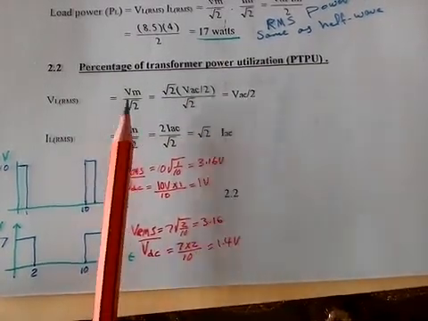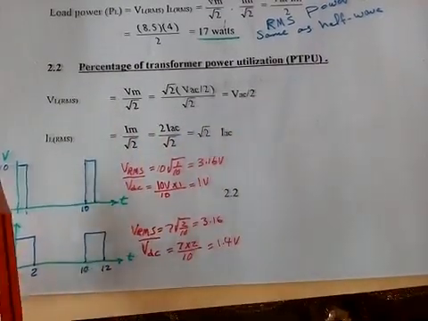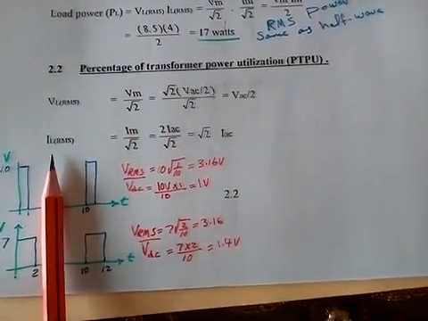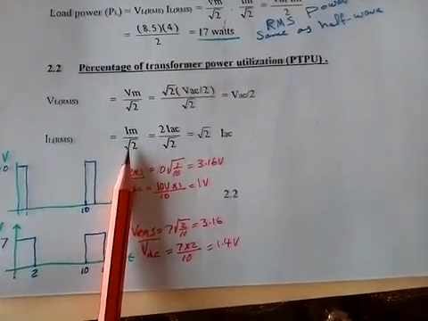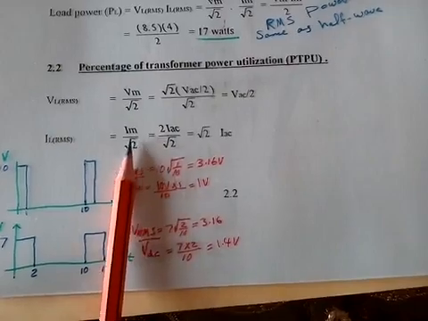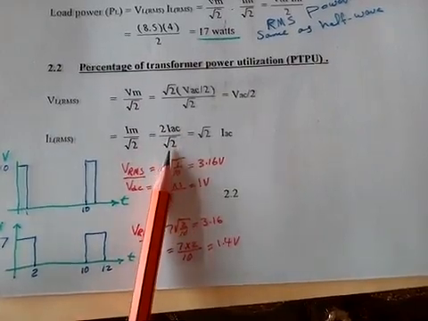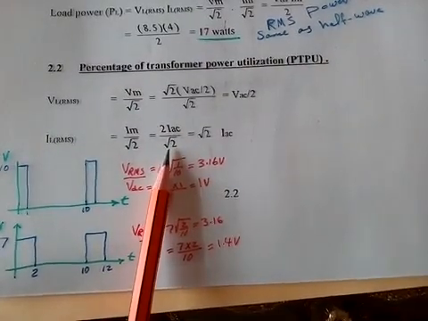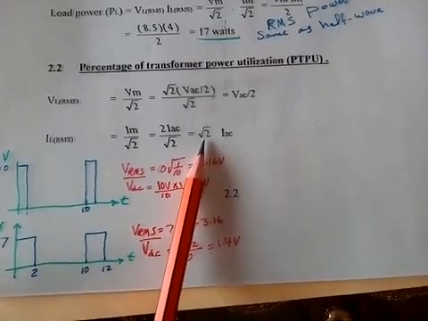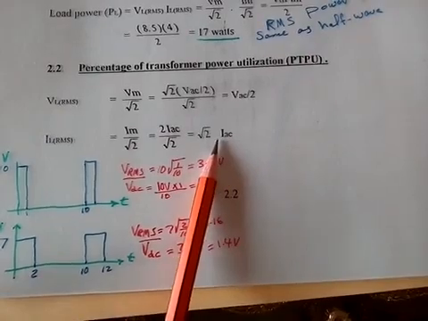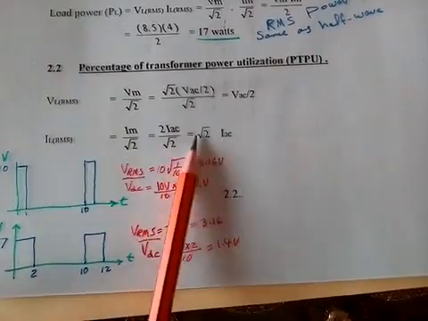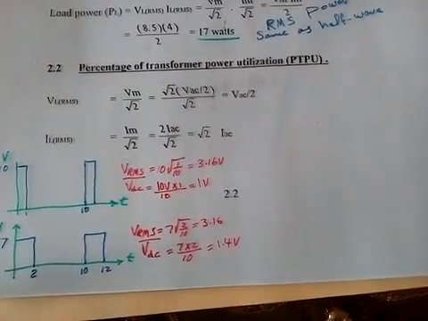We already know that, but it's just another way to write it. The IL in RMS equals Im over root 2, and it equals 2 times IAC over root 2, and the total thing would be root 2 multiplied by the IAC. Okay, that's the RMS value across the load.